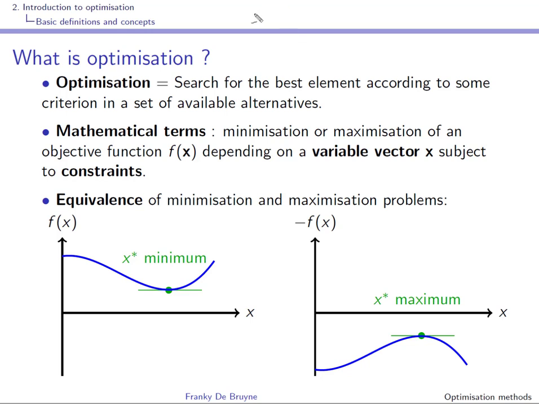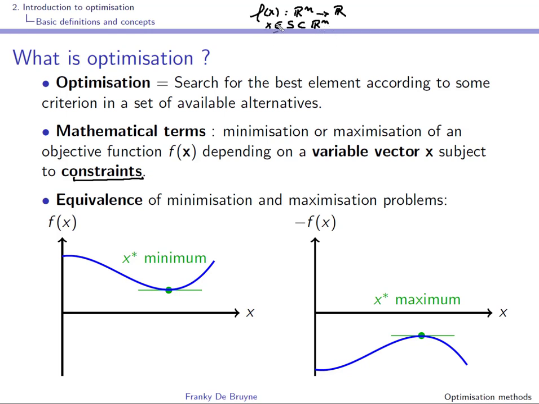So here f of x takes inputs x that are in Rn and it produces a scalar output, right? Well, very often x is constrained to live in a subset of Rn. So we'll have x is in a feasible region S that is included in Rn.